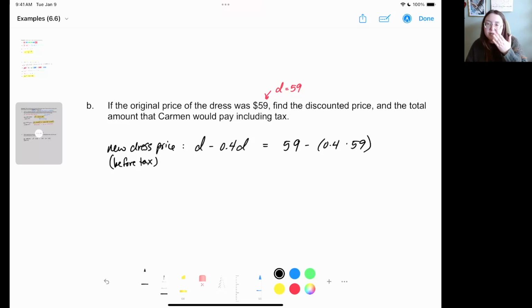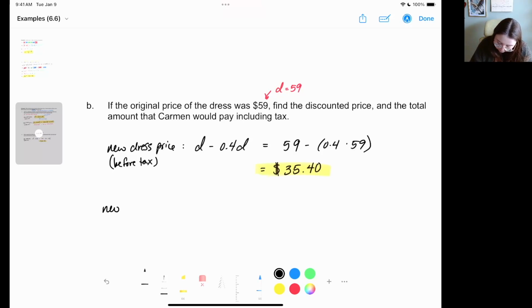We can put this in our calculators if we want, but 59 minus 0.4 times 59 is going to give us 35.4. Now we are talking about money, so this is $35, and instead of saying 0.4, remember we're talking about cents, that's always going to be 2 decimal places, so it'd be 0.40 instead. So our discounted price for the dress would end up being $35.40.